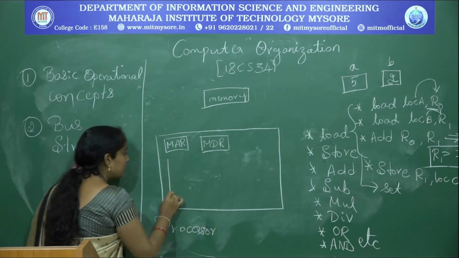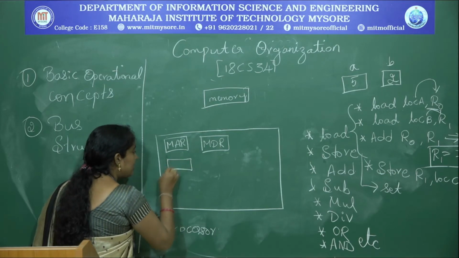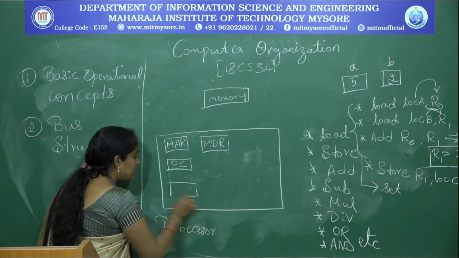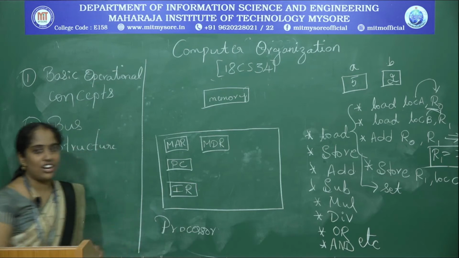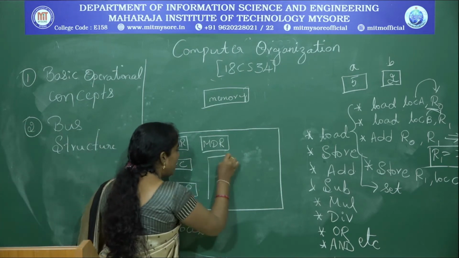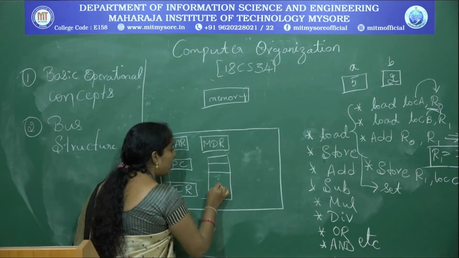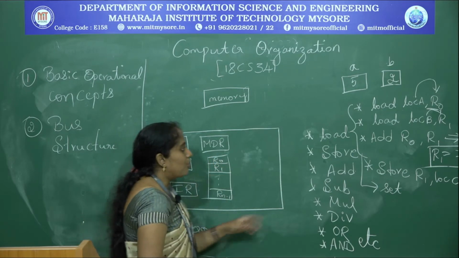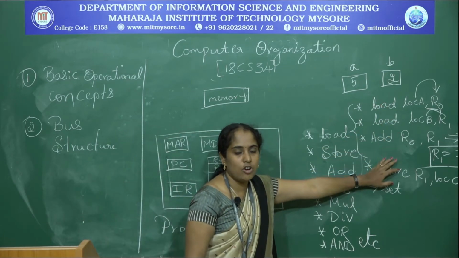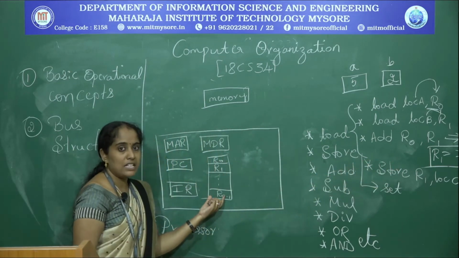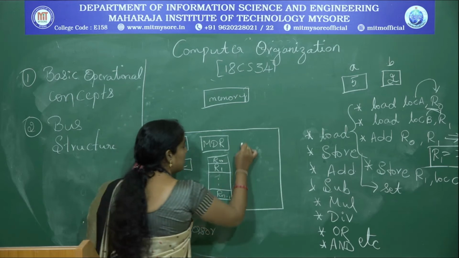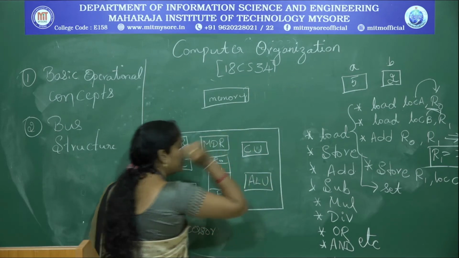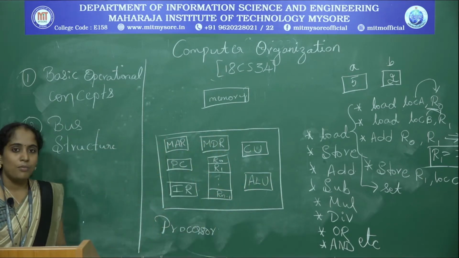Next is the PC, program counter, and another one is the IR, instruction register. We also have a set of general purpose registers, R0, R1, which we use for any arithmetic and logic operations. Apart from this we have the CU and the ALU. So this is the structure of your processor.